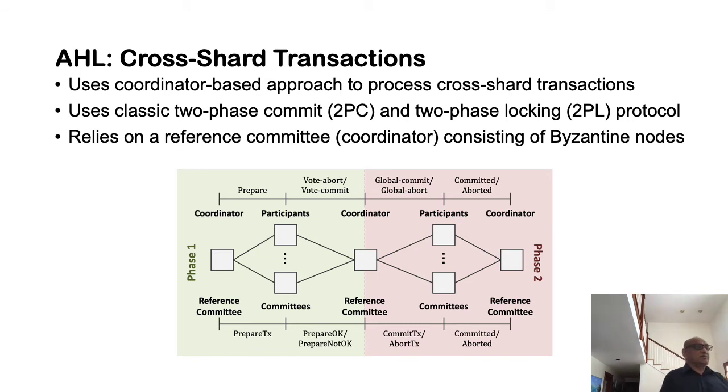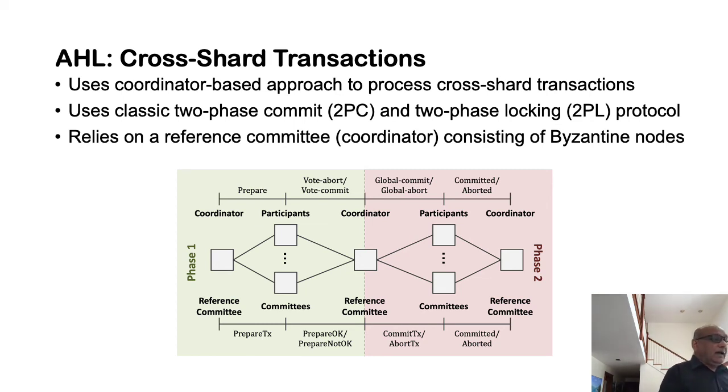One, it could be a performance bottleneck, and two, what will happen if that centralized coordinator happens to be a malicious entity? So what ends up happening is you have this notion of coordination, but the coordination is achieved not by a single node but by a group of nodes that is referred to as a reference committee.